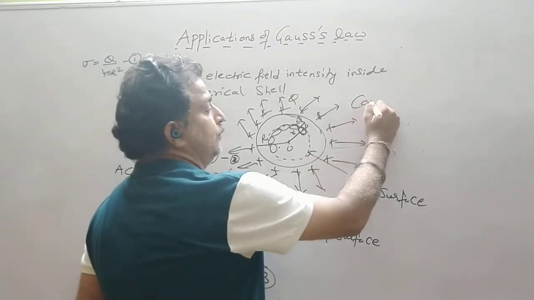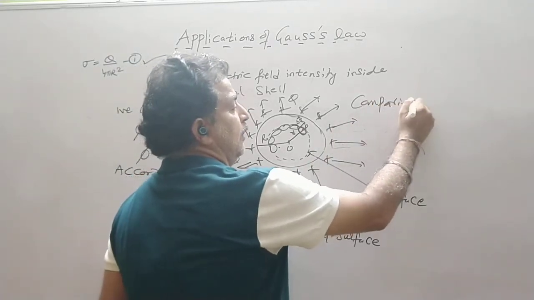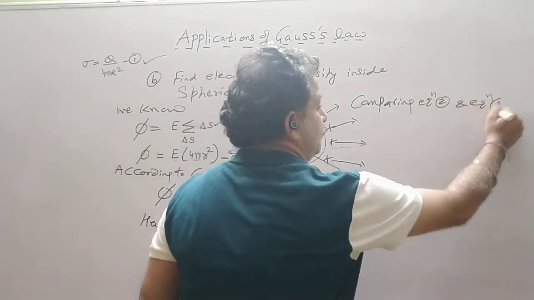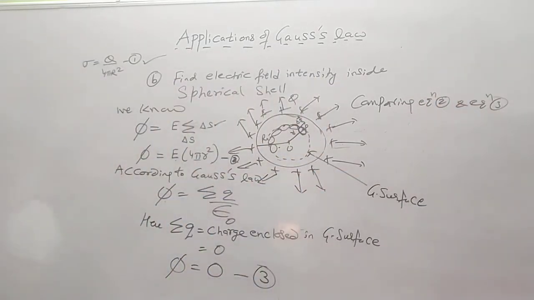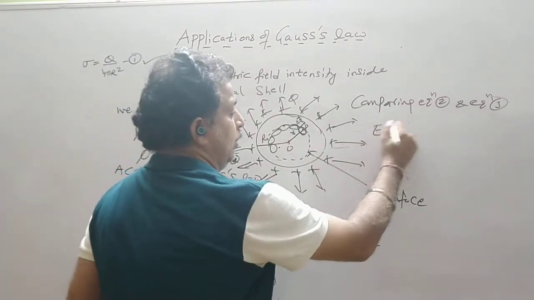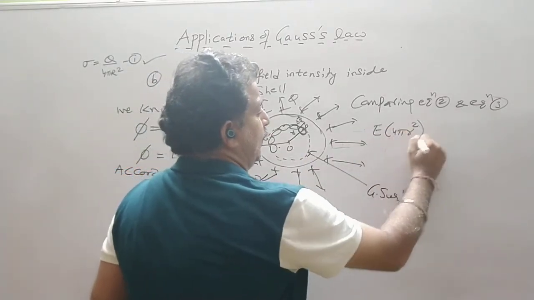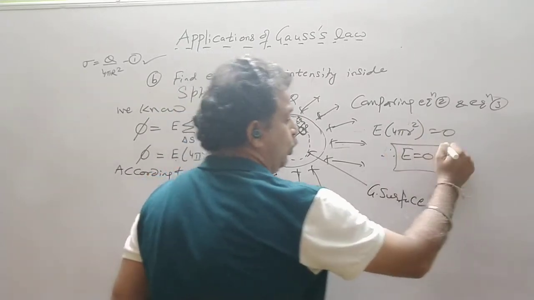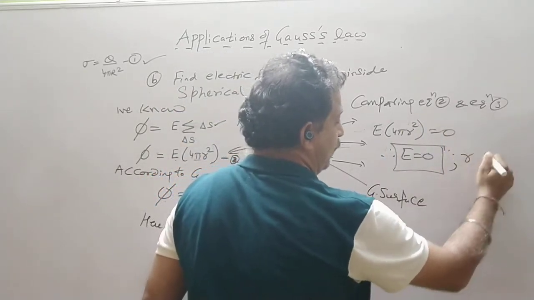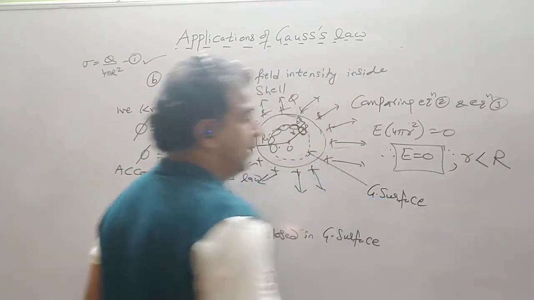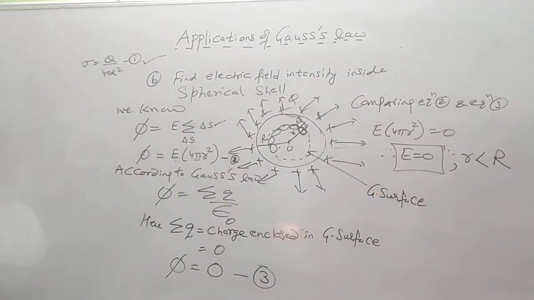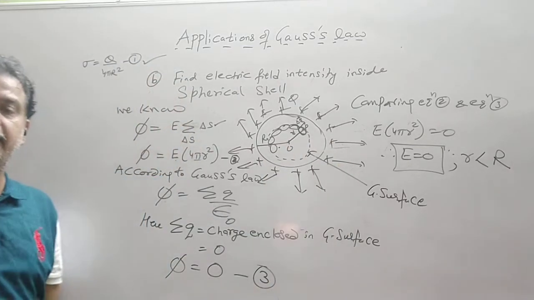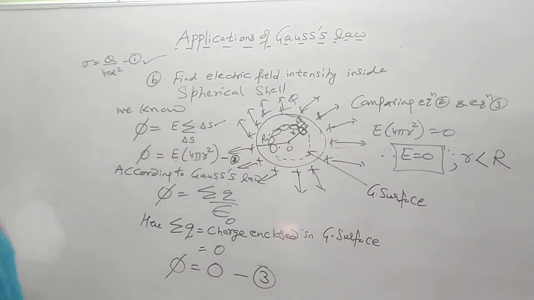So comparing equation 2 and equation 3, E 4 pi r square is equal to 0 and therefore E is equal to 0 for r less than capital R. So anywhere inside the spherical shell, the electric field intensity comes out to be 0.